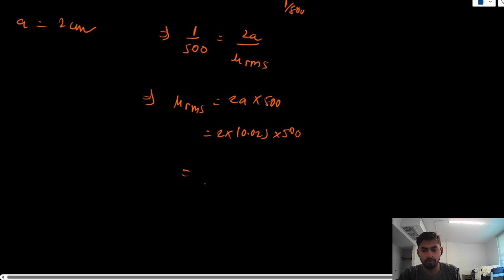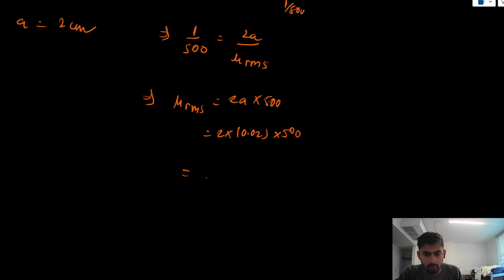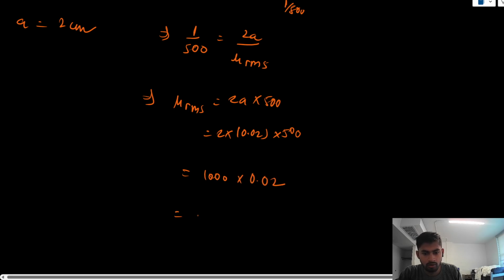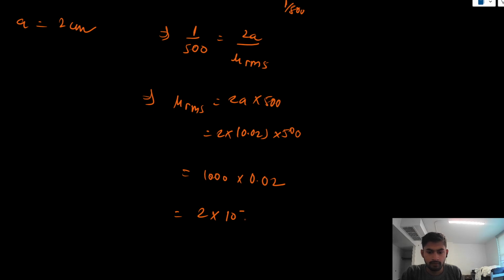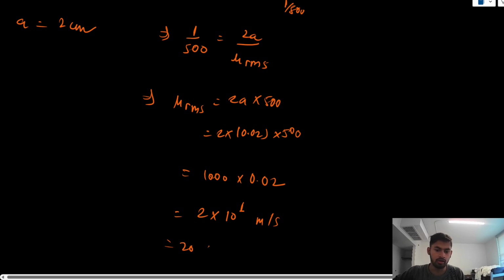And we'll have the value of URMS, which is 1000 times 0.02, which is 2 times 10 to the power 1 meters per second, which is 20 meters per second.